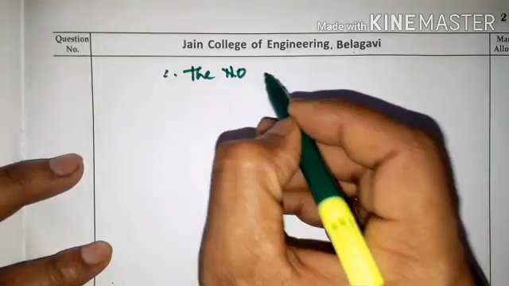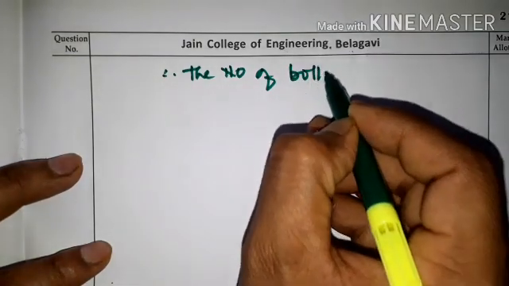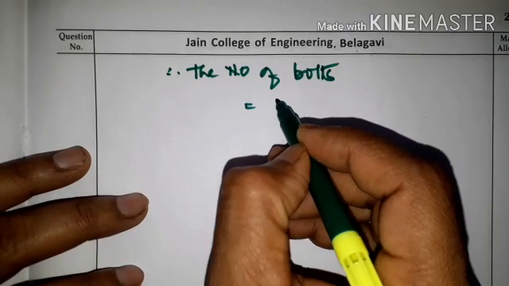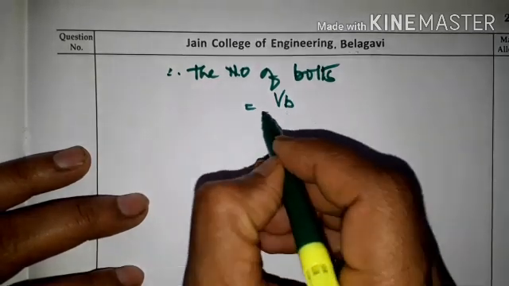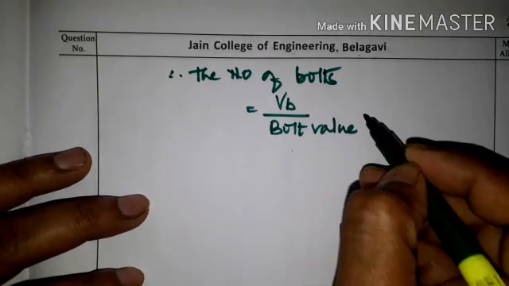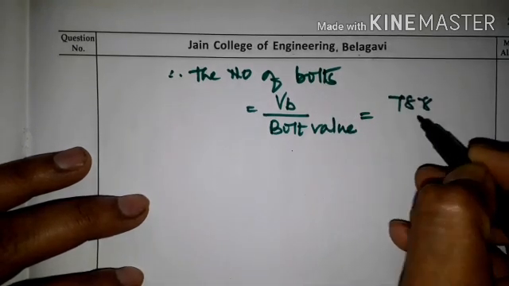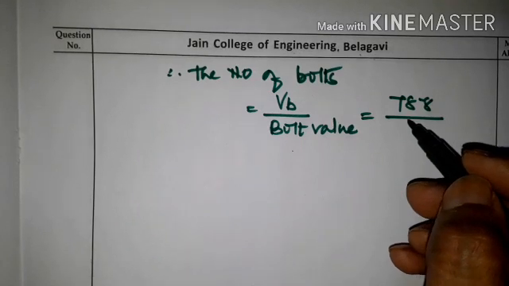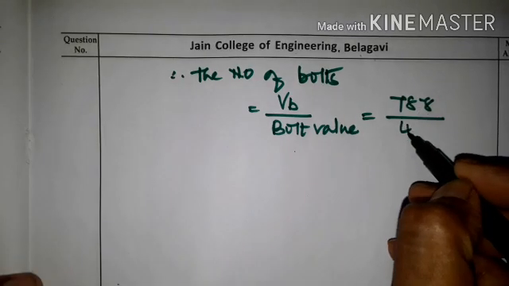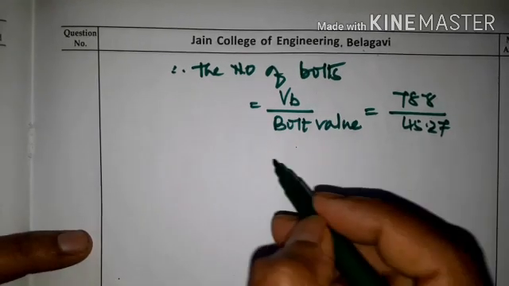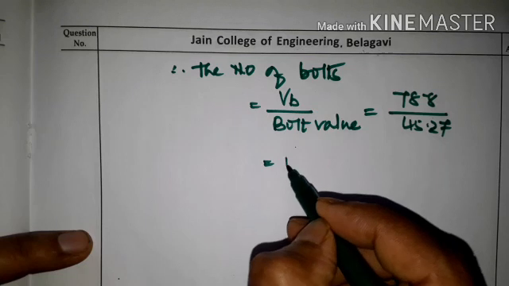equal to Vb divided by bolt value. That is 78.8 divided by bolt value in single shear. I think we'll get it as 45.27 for 20 mm dia. So we'll get it as 1.74.